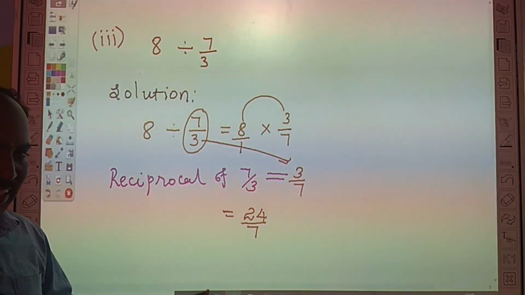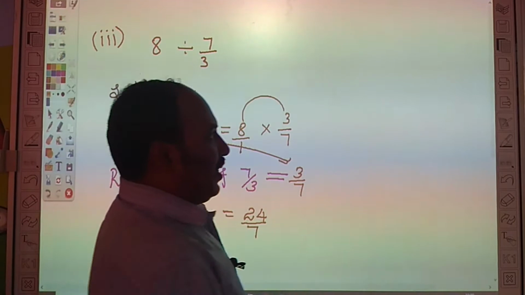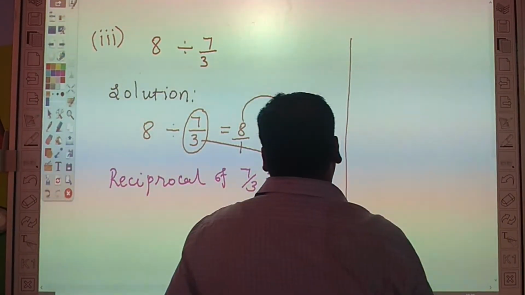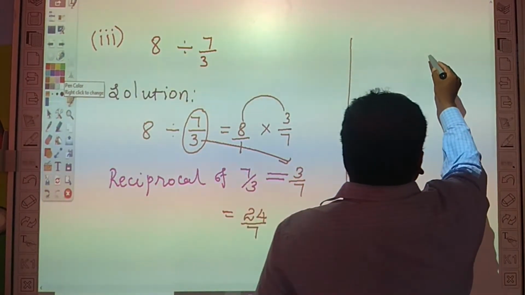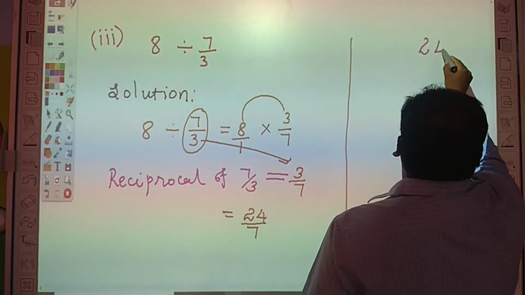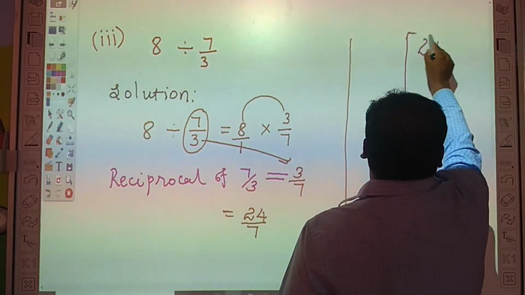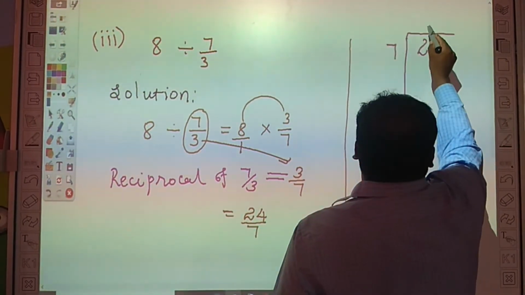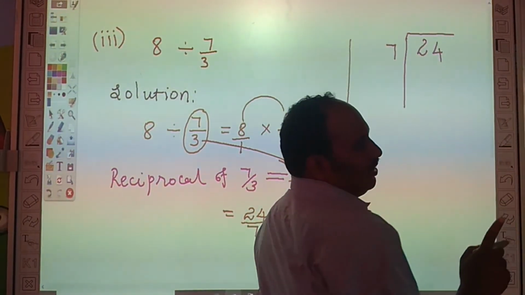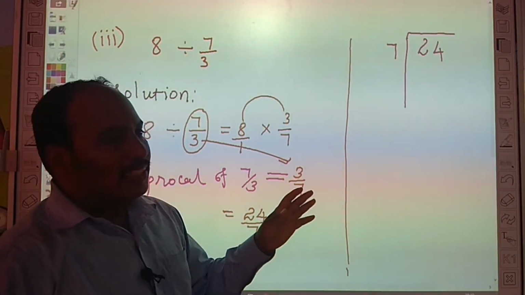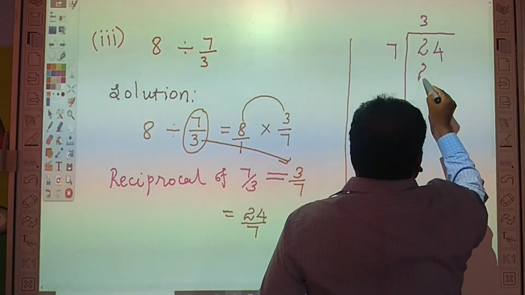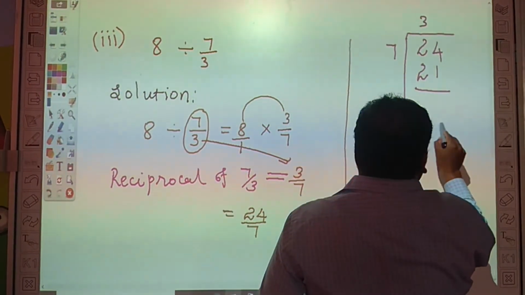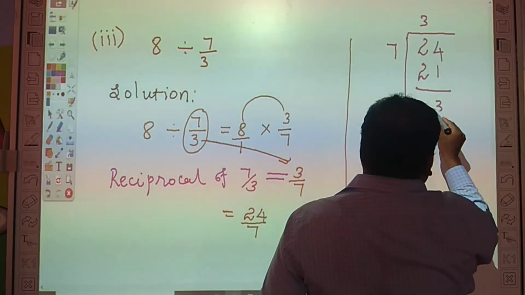24 divided by 7. We want to make the mixed fraction. 24 divided by 7. 1 7 is 7, 2 7s are 14, 3 7s are 21. We want to minus 24 minus 21 is equal to 3.